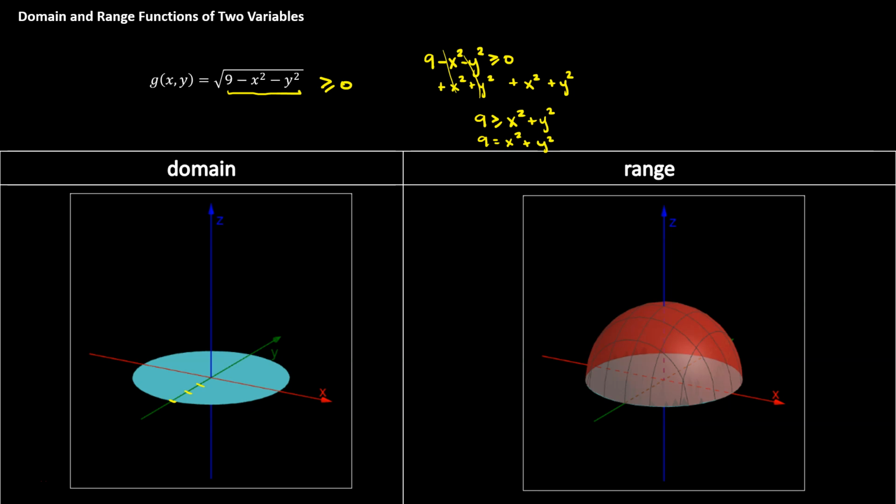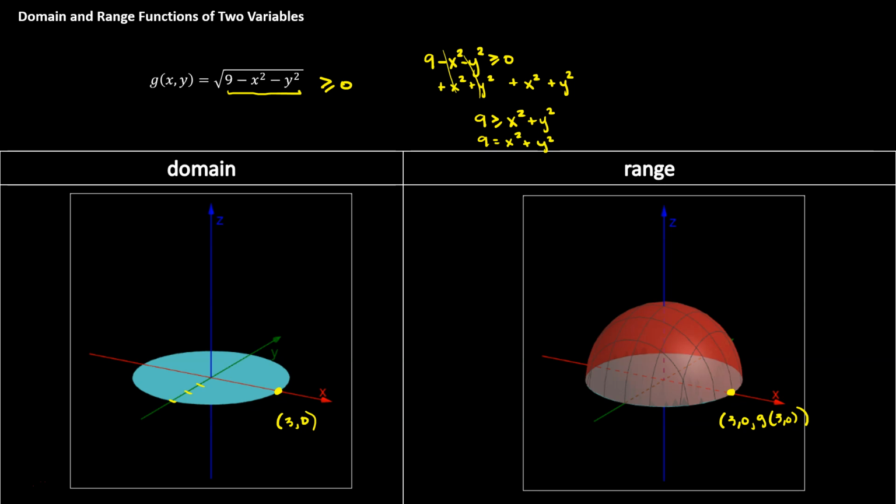And we can confirm that by picking a value on the edge of the domain, maybe this one, where x is equal to 3, y is equal to 0. If we were to plug that into our function, we would see the point on the red dome right here. We would label that as 3, 0, g of 3, 0.